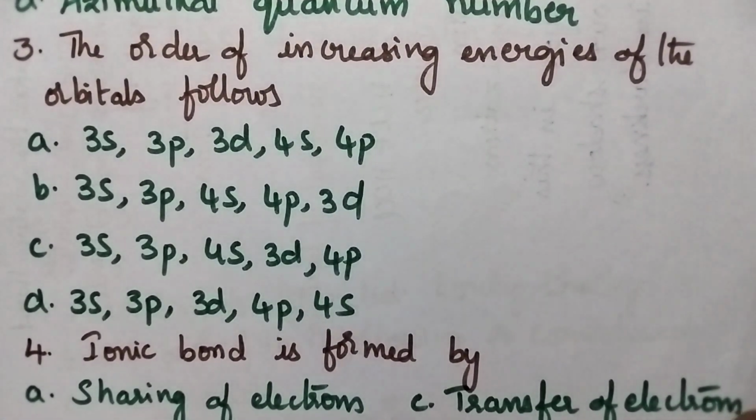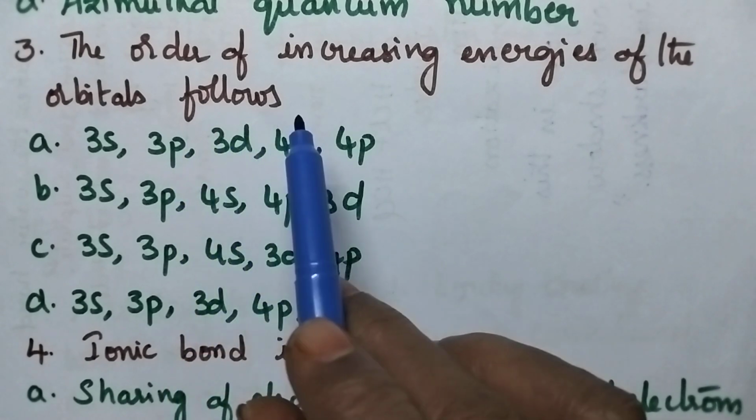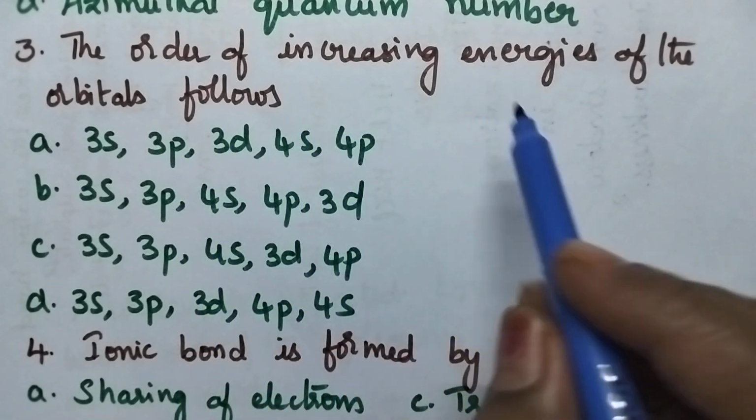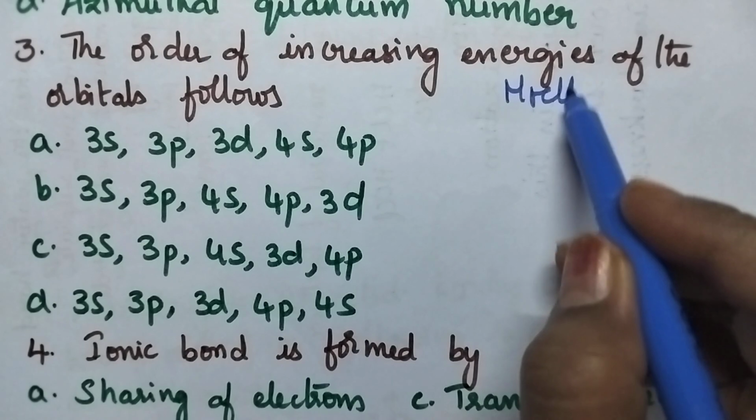The order of increasing energy of orbitals follows? It can be explained on the basis of Aufbau diagram.